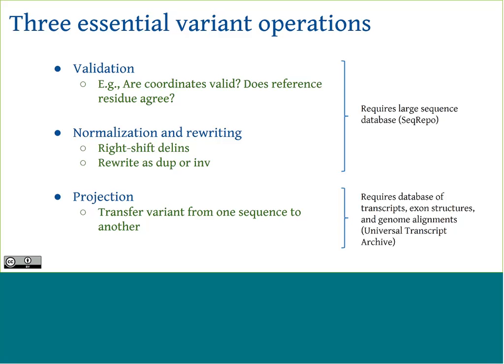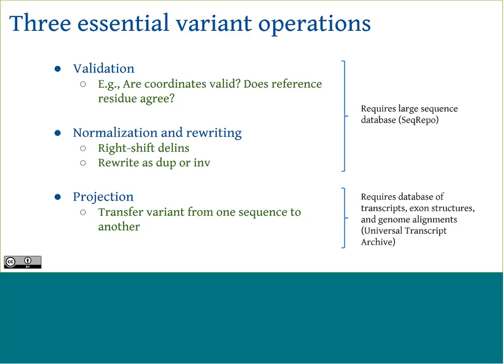And so in order to solve that problem, we wrote something called the Universal Transcript Archive, which is a little bit what it sounds like. It more or less monitors NCBI and keeps an archive of the alignments over time, and does that not just for NCBI, but also stores Ensembl transcripts as well, so that we understand when an Ensembl transcript is truly equivalent to a RefSeq transcript and when it's not.